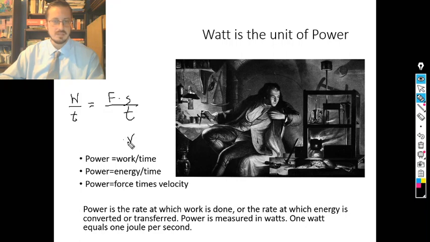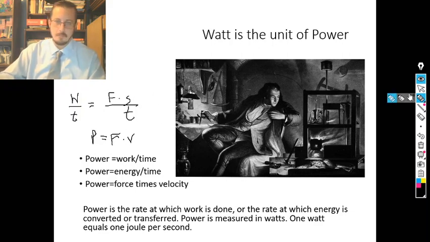And so sometimes it's easier to make sense of a calculation for power by considering force times velocity, which is just an alternative expression for power, as we can derive here.